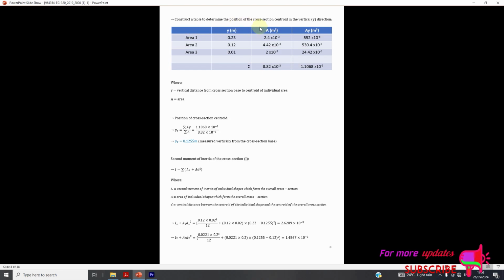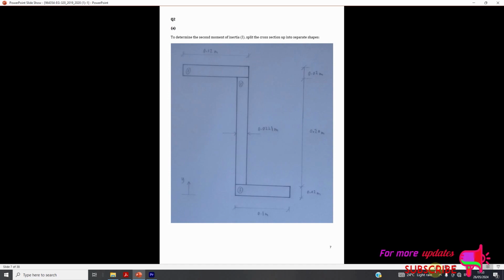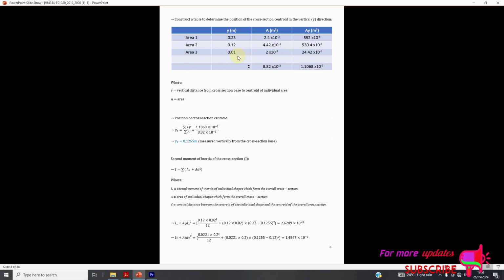Now the position of the cross-section centroid in the vertical y direction is at 0.23, 0.12, and then here will be, of course, 0.01, 0.01 for area 3.